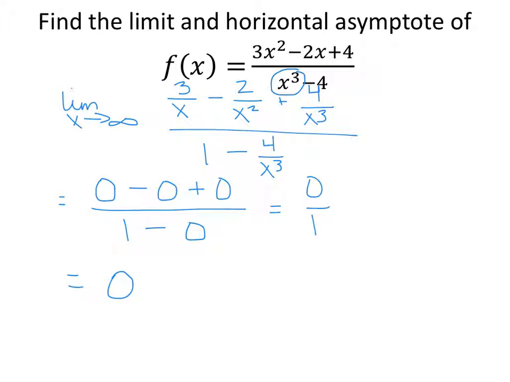That means I have a horizontal asymptote at y equals 0 as I go off to the right, so the far right-hand side of the graph is approaching 0. As I look to the left, the same thing is going to happen. If I'm going to negative infinity, this is still approaching 0, because 0 divided by a negative 1 is still going to equal 0.